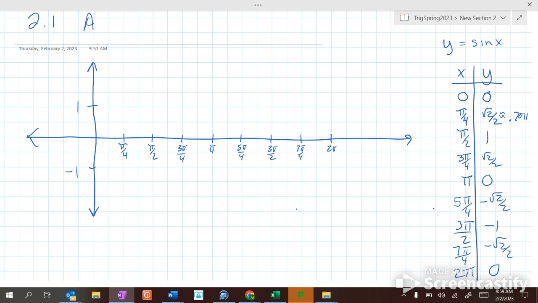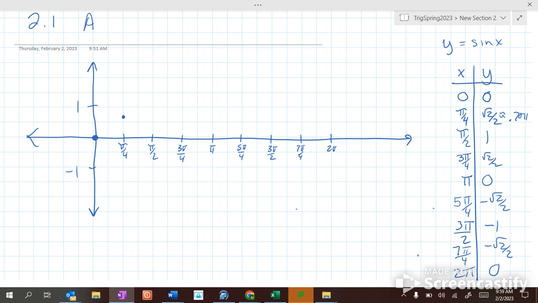I'll watch. All right. So at an x value of 0, we have a y value of 0. And next, at pi over 4, I'm at 0.7071, so right about there.